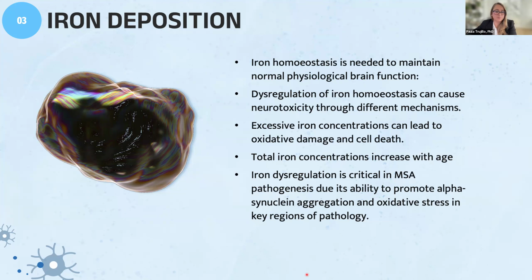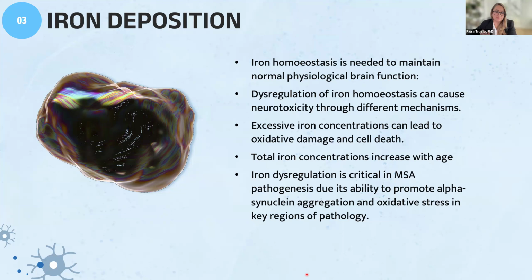So why do we care about measuring iron in MSA? Even though it is not exactly clear how MSA starts, there is evidence to suggest that iron plays a big part in it. Iron seems to promote alpha-synuclein accumulation and can cause damage in key parts of the brain.